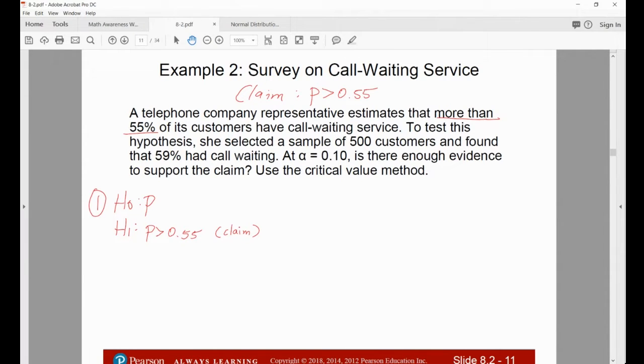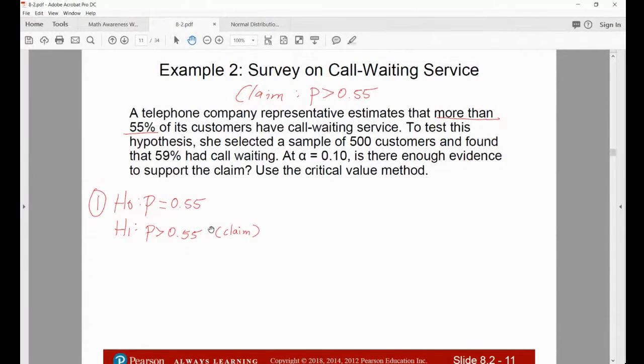What's the only symbol that we can use in the null hypothesis? That P is equal to 0.55. So that's the first step. We identify the claim, we write it in symbolic form, and then we state the hypotheses, the null hypothesis and the alternative.